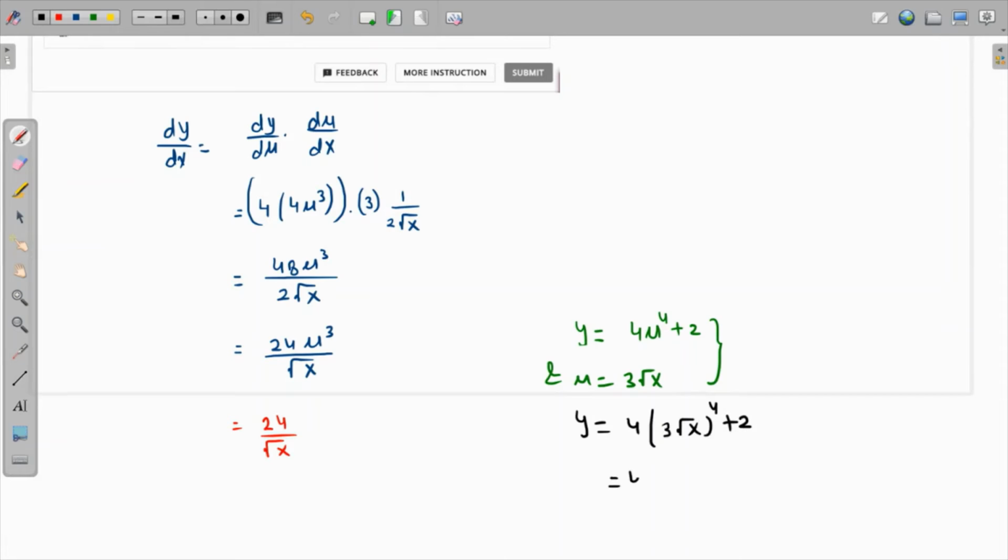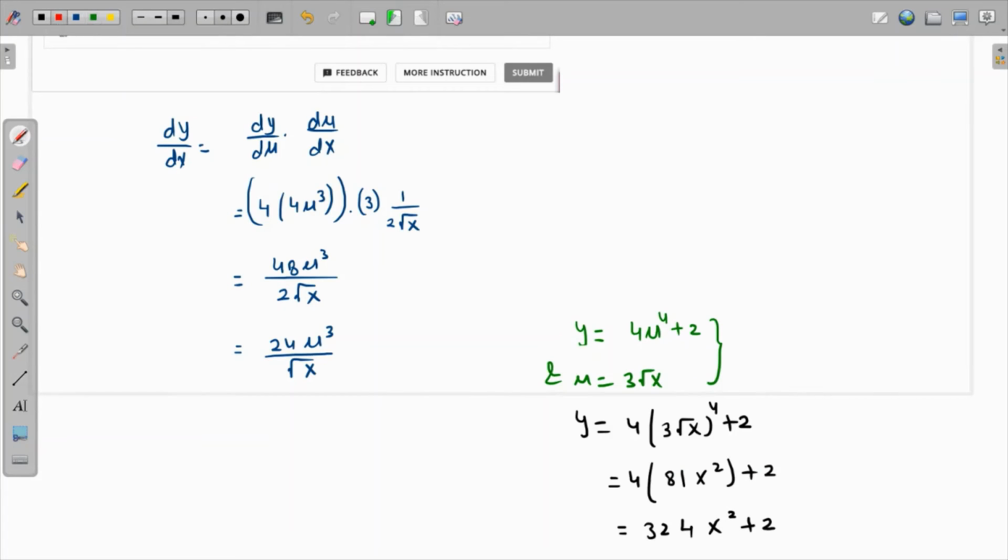So y will be equal to 4 times u raised to 4, which is 3 root x raised to 4, plus 2. This will be 4 times 81x square plus 2, which is 324x square plus 2. And all we have to do now is replace this y, since it is in terms of x now.